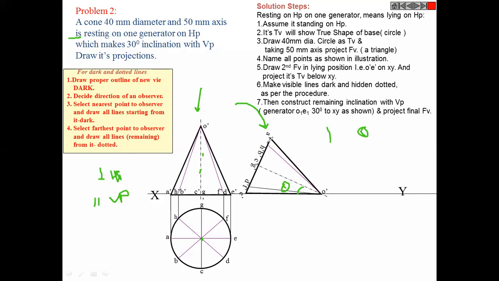So all these dimensions that we are seeing in the front view won't change. You can experiment by yourself in the room where you are sitting. Take a book or pencil or compass box, and rotate it with respect to the horizontal plane. Your front view will remain the same.